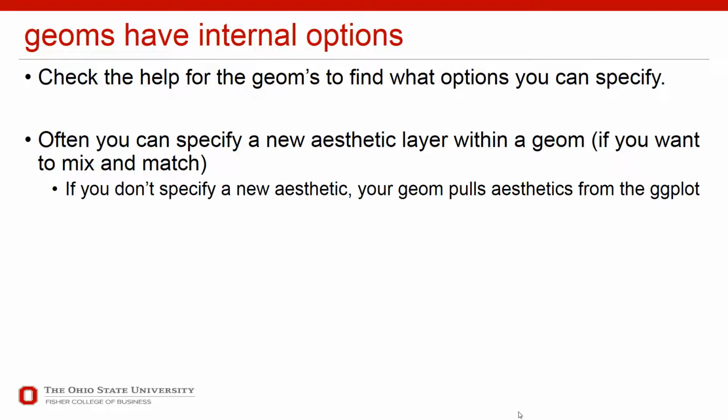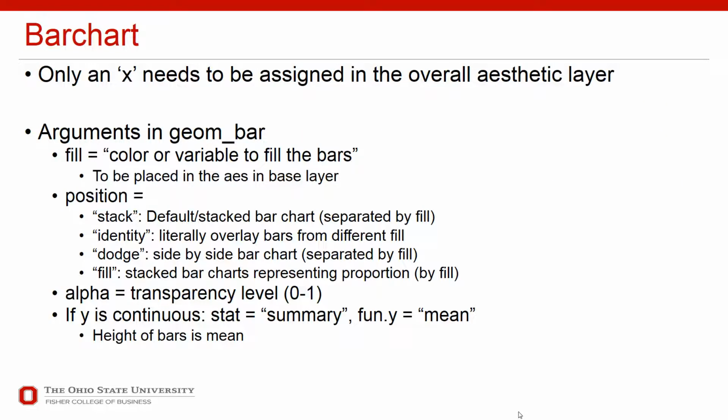Now you might say, I want to look at bar charts. Well, with bar charts, that's another geom. But a bar chart doesn't need an X and a Y, just like a histogram doesn't need an X and a Y. You really only need an X in there. Now we'll play around when we get to class. We'll talk about playing more with how we get different fills, how we get different positions, and what it means.